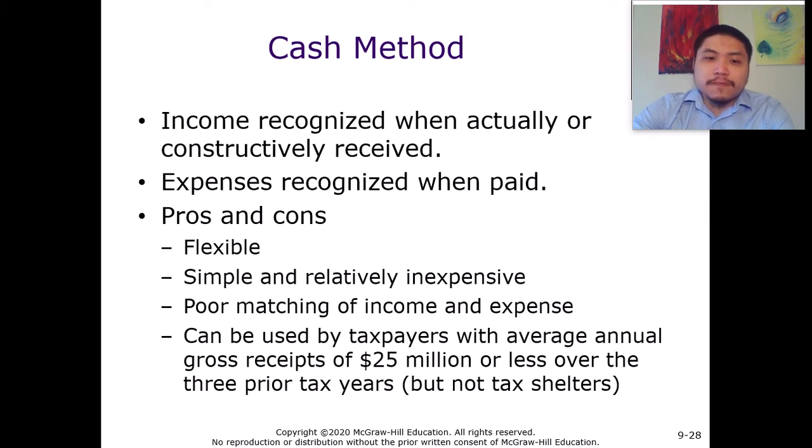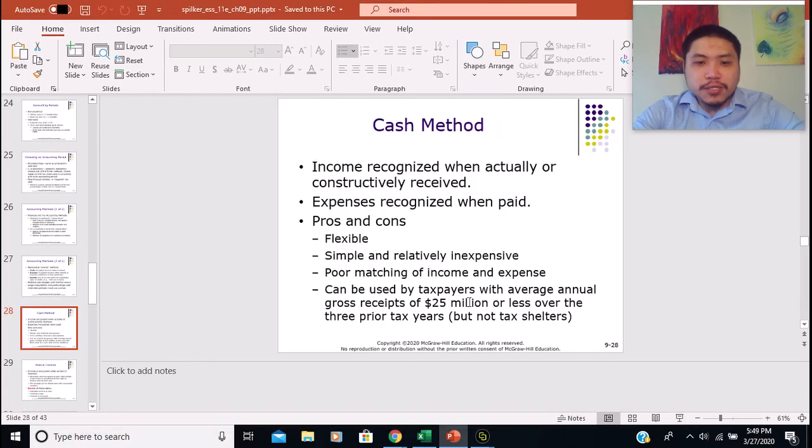But again, for small businesses and for individual taxpayers whose revenue or income is not that great, it should not be a big problem. And I want to change this: this should be 26 million.